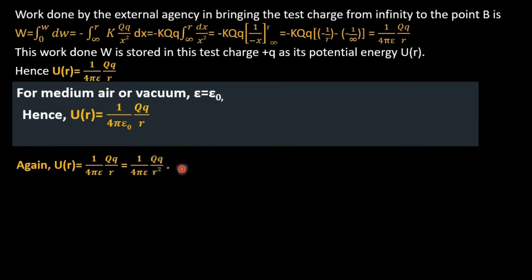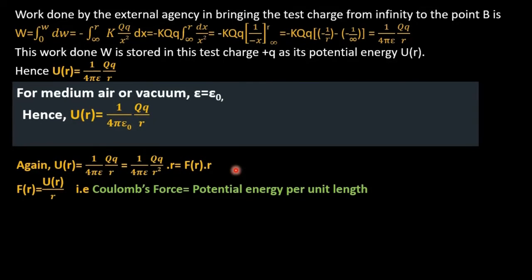Again, we can express potential energy as the product of the Coulomb force and the distance of separation between the source charge and the test charge. Here, in this term, both numerator and denominator are multiplied by r, so we get 1 by 4 pi epsilon Q q divided by r square into r.